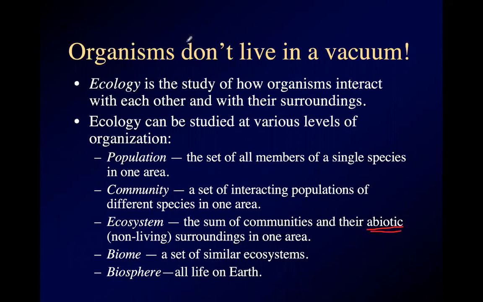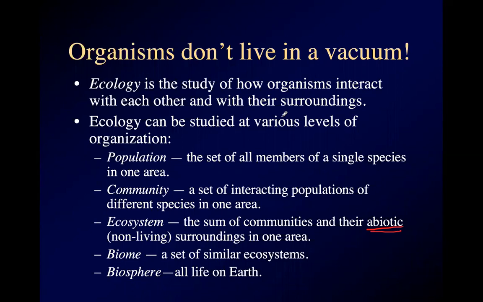And so if I'm talking about abiotic things in an ecosystem, I might be talking about the amount of sun that they get. I might be talking about the temperature that they live in, or the degree that the temperature fluctuates. I might be talking about the amount of oxygen that's present.